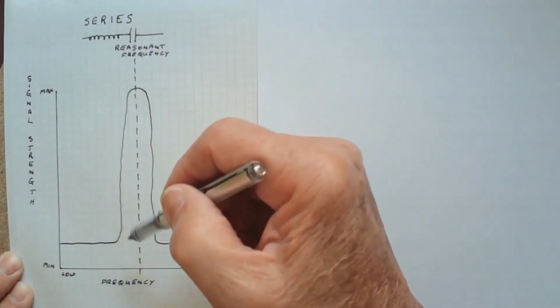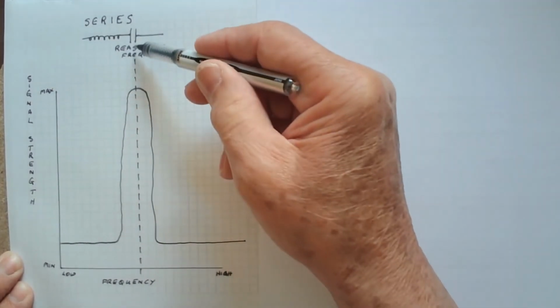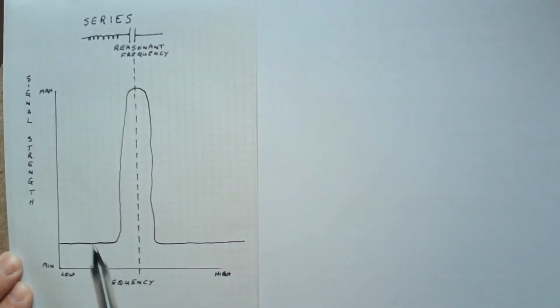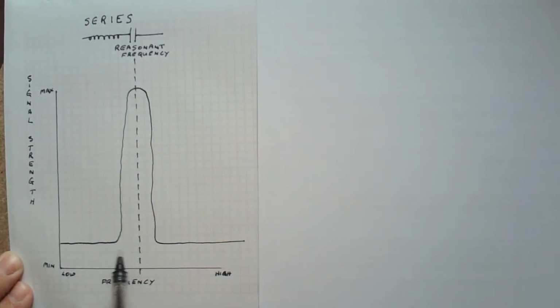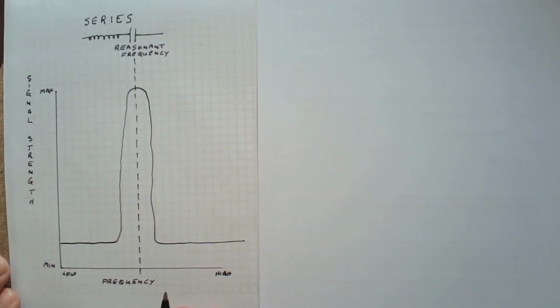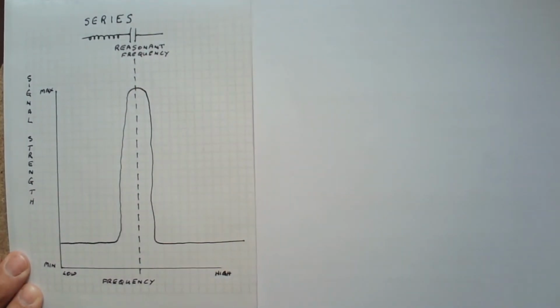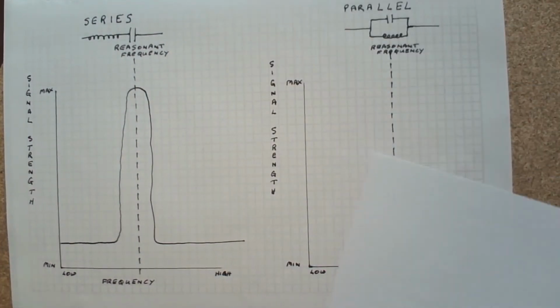So at resonance, maximum signal strength, more of the signal came in, and at frequencies below and above the resonant frequency, less signal was allowed to pass through. The series tuned circuit is often referred to as an acceptor circuit.